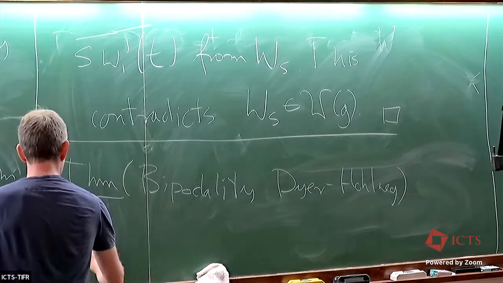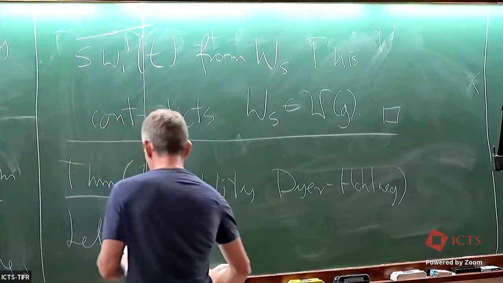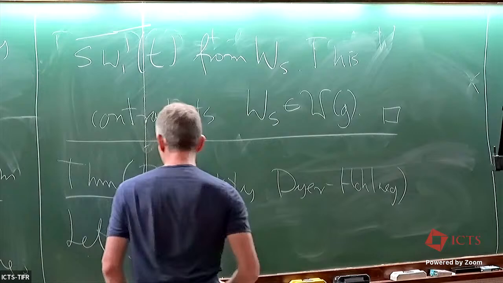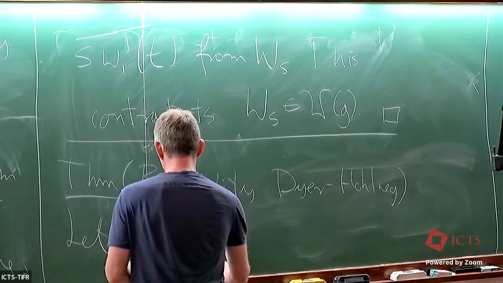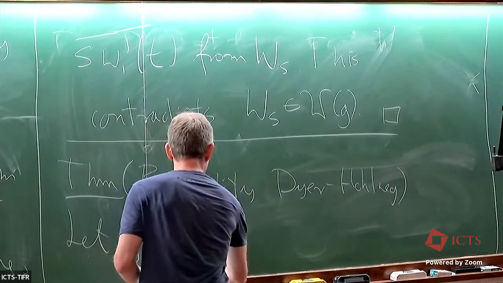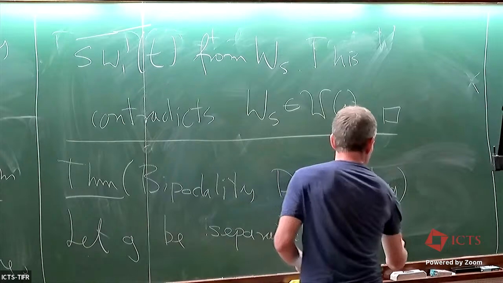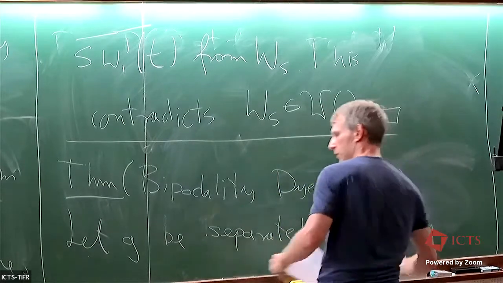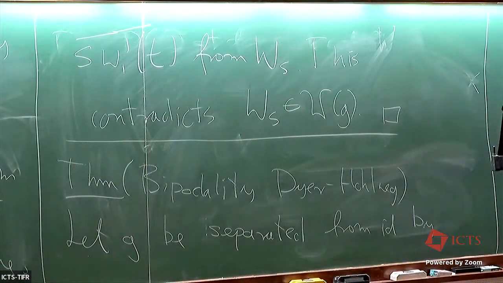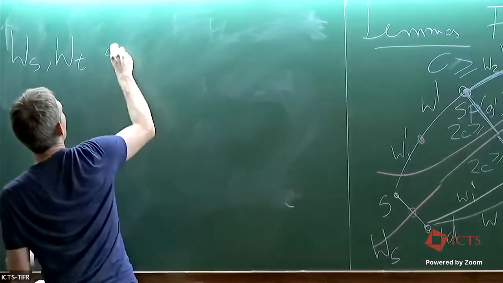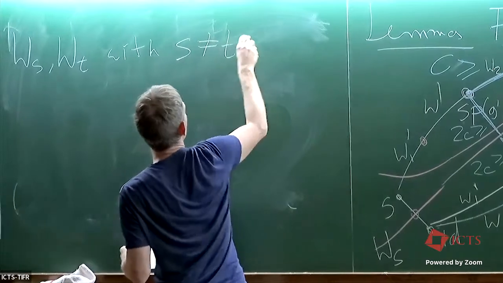So here's the theorem. Suppose you have an element G in the Coxeter group, and suppose that it's separated from the identity by two walls, WS and WT, where S and T are distinct generators in a generating set.